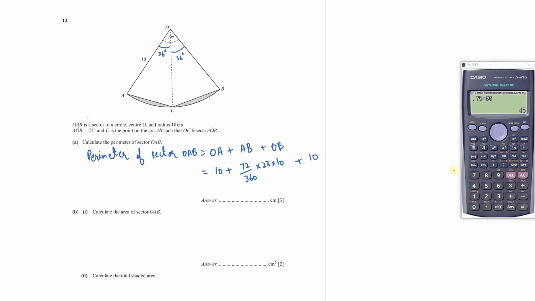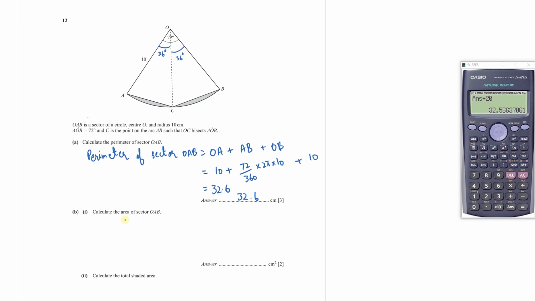So let's calculate this middle value here. This will be 72 divided by 360 multiplied by 2 pi times 10, and then plus 10 plus 10, so that is 20. So I'll add 20 here. So this is 32.6 centimeters. You have to write it up to 3 significant figures. So this will be 32.6.